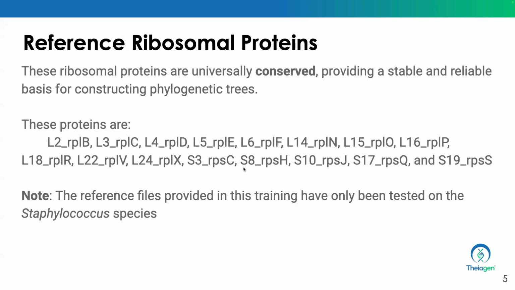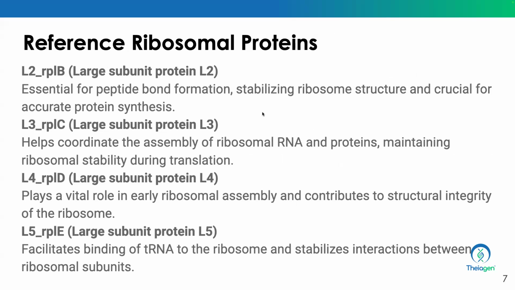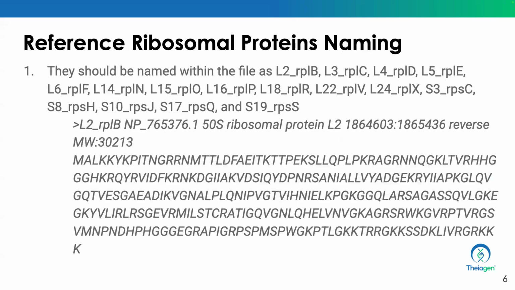What is expected of these ribosomal proteins is that the naming has to follow a specific convention. You have the L or the S, where S is the small subunit and L is the large subunit. This is prefixed to L2, L3, or whatever the number for the subunit is, as well as the protein name itself.